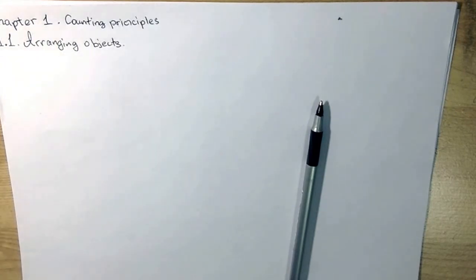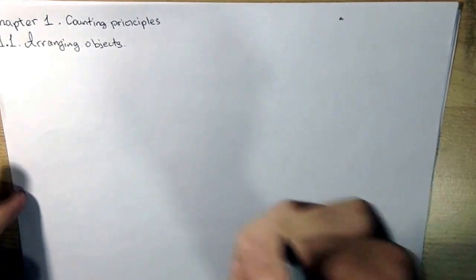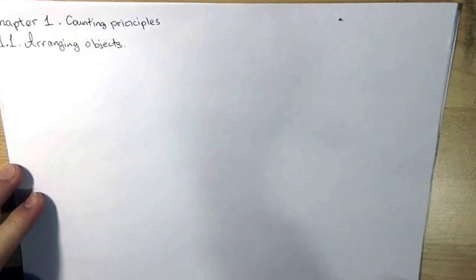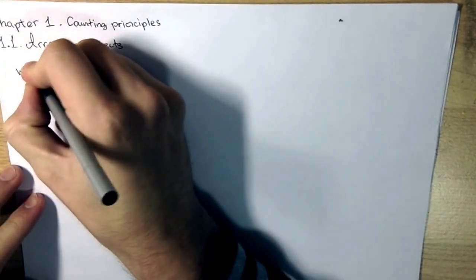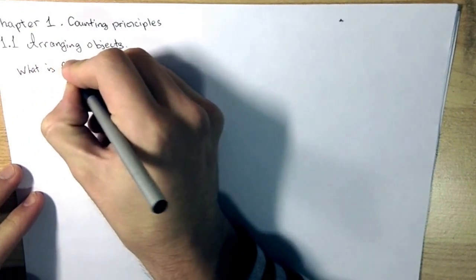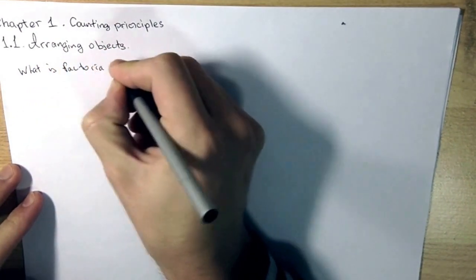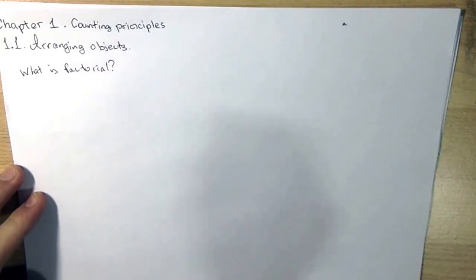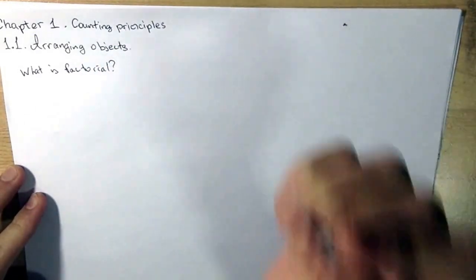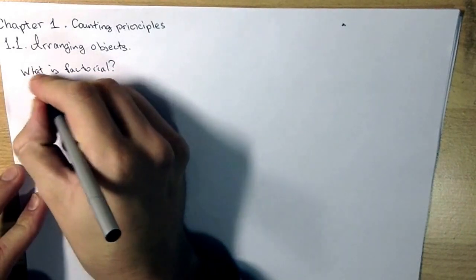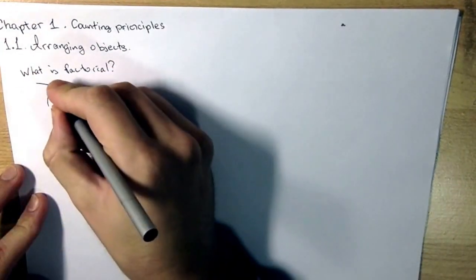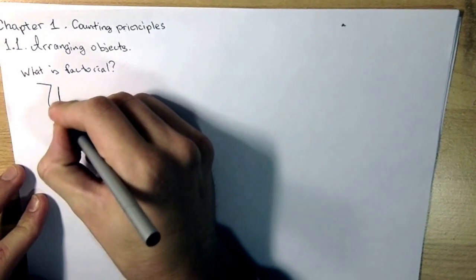So first of all, what is a factorial? Factorial is the product of the integer and all of the positive integers below it. So for example, if we say factorial of 7, we denote factorial with this mark.